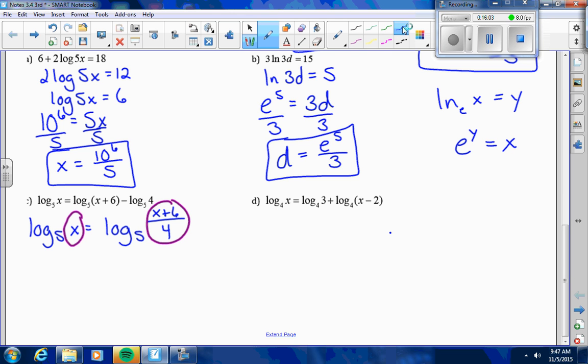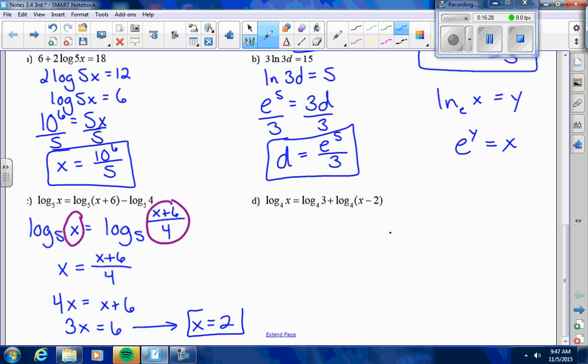Equal them to each other. So x has to equal x plus 6 divided by 4. Now what? Multiply 4 on both sides. So 4x equals x plus 6. Keep going. Minus x, so we have 3x equals 6, and then x equals 2. Good.